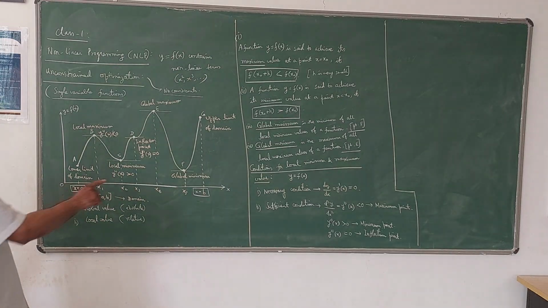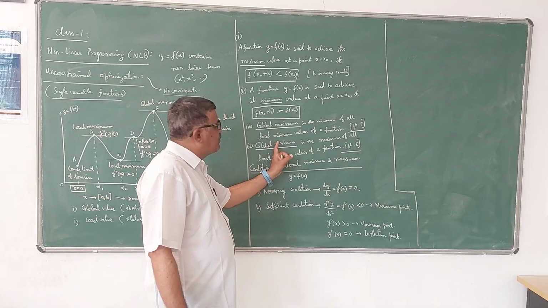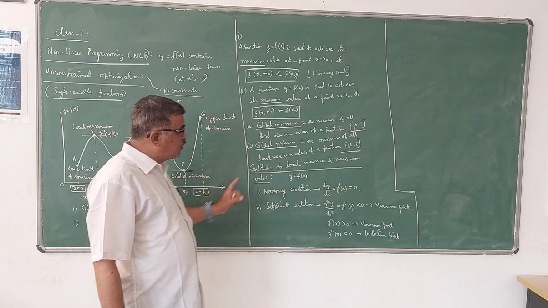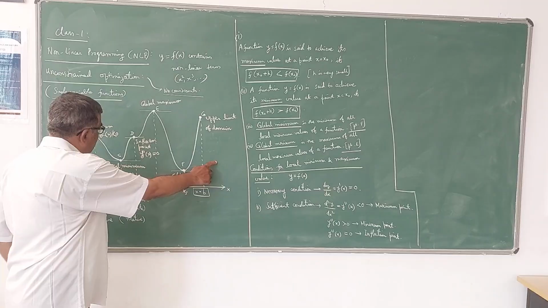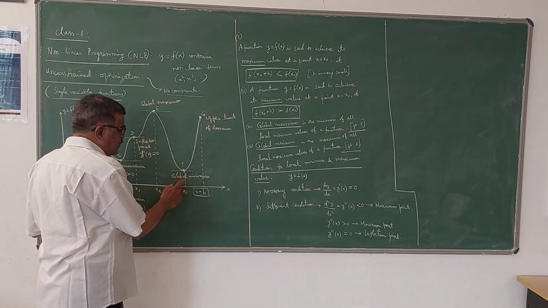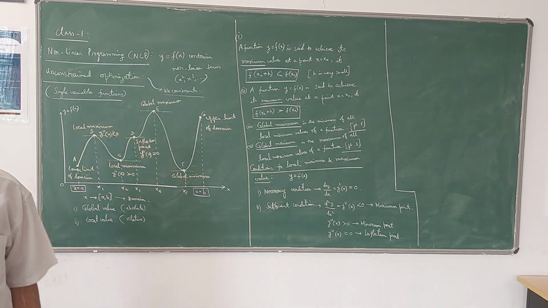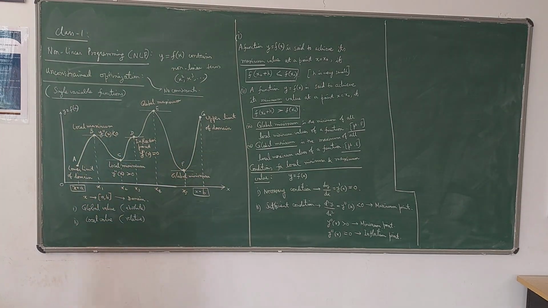So global minimum is the minimum of all local minimum values of the function. This is a local minimum, that is a local minimum, but I have to take the minimum of all the local minimums. That is called the global minimum.